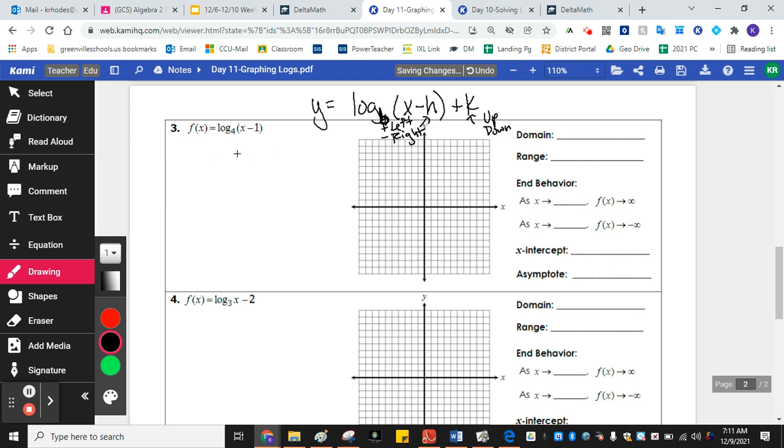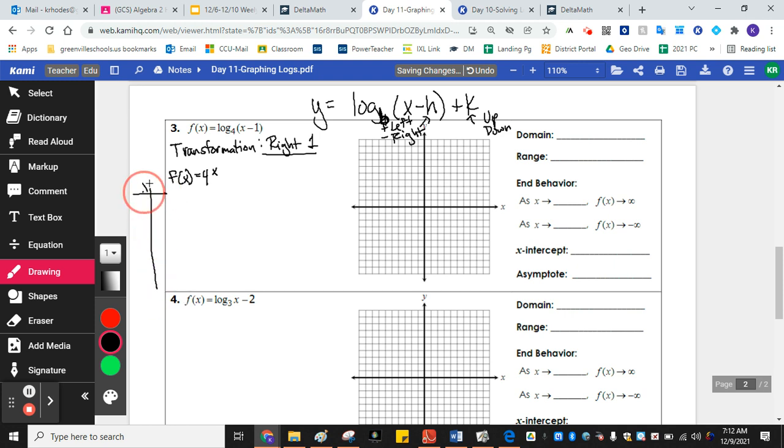So the inverse of this one, just thinking about the parent function, is 4 to the x. And then the transformation inside my parentheses is going to move it to the right 1. So I'm going to do this in a few steps. F of x is 4 to the x. The inverse of the parent function is 4 to the x.